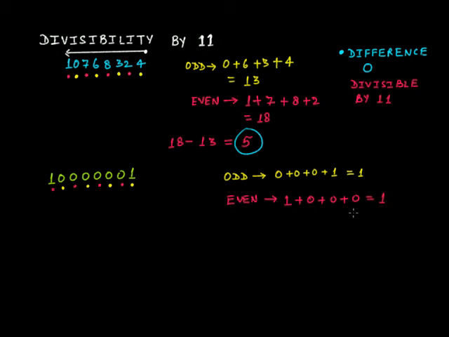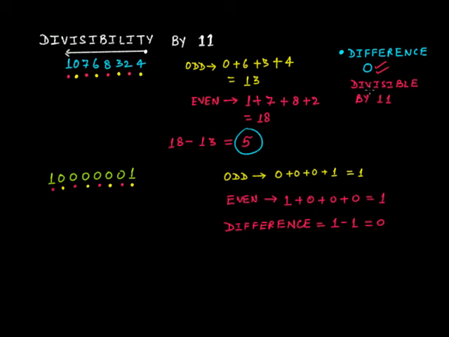Now you have to find the difference between them, the greater number minus the smaller number. In this case, both the numbers are equal. Therefore, the difference is 1 minus 1, equal to 0, and it satisfies the first condition.